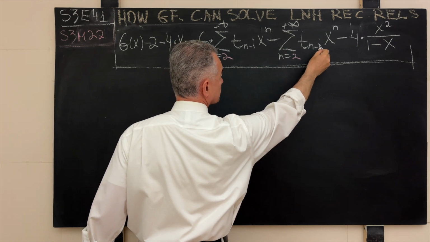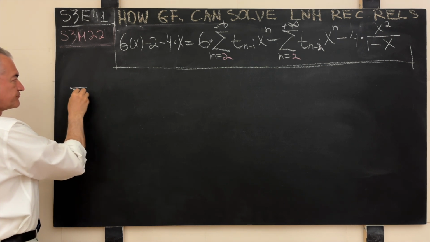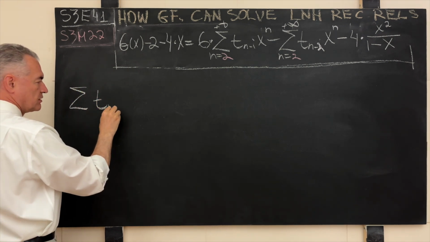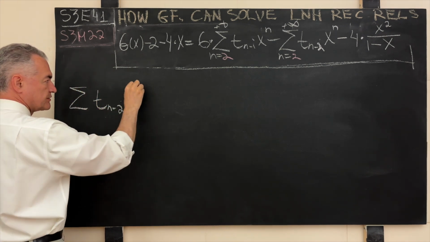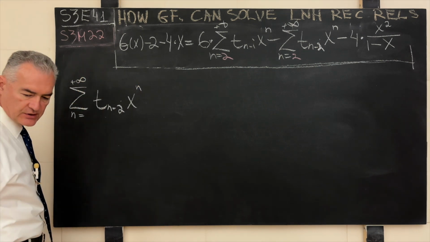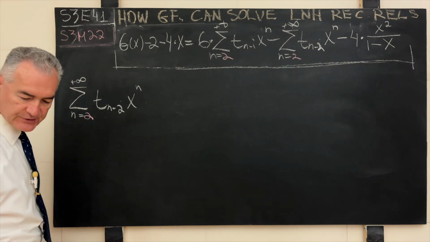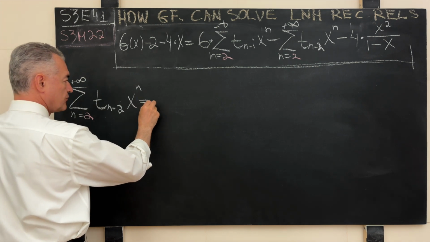Apparently I forgot to make sure that the index over here is tn minus 2, but what is it? Tn minus 2 times x raised to the power of n when n varies starting from 2. What is it? Well, let's write down the first few terms.